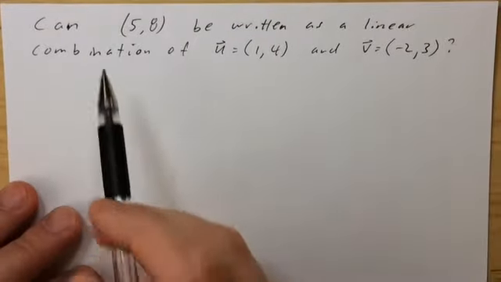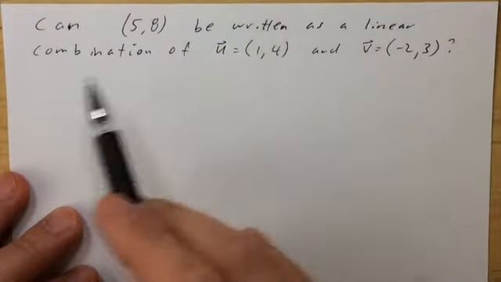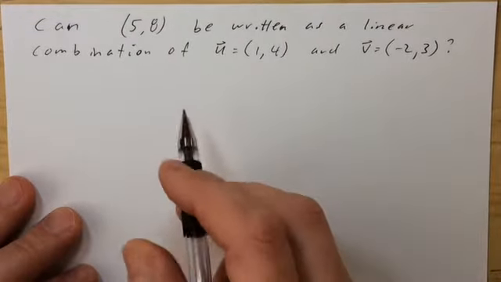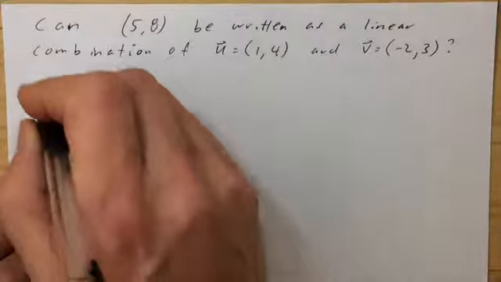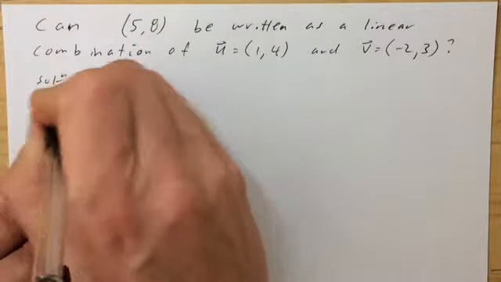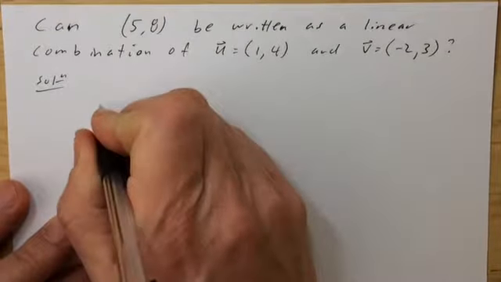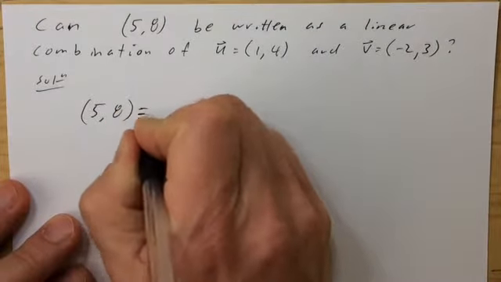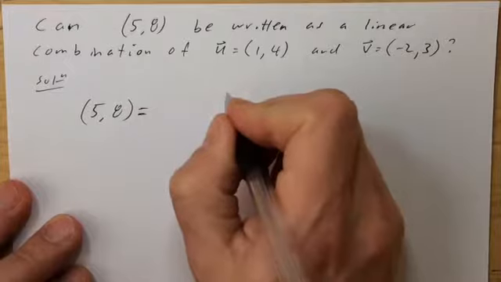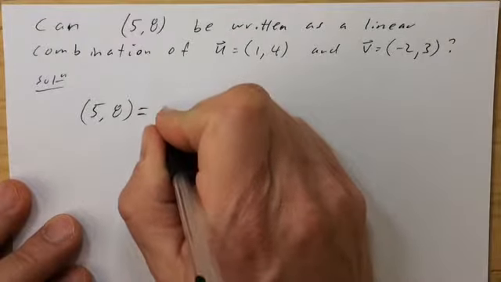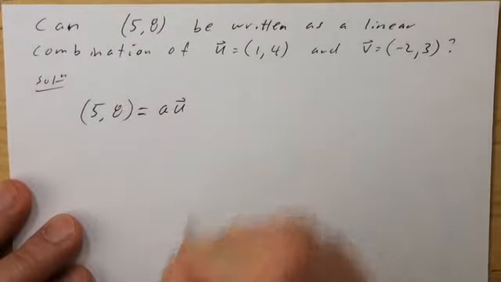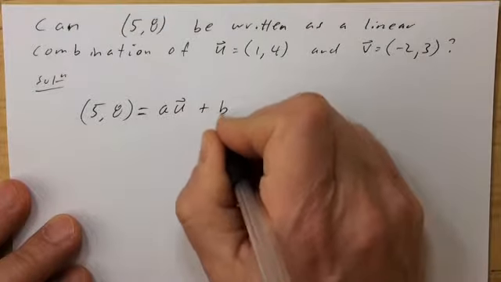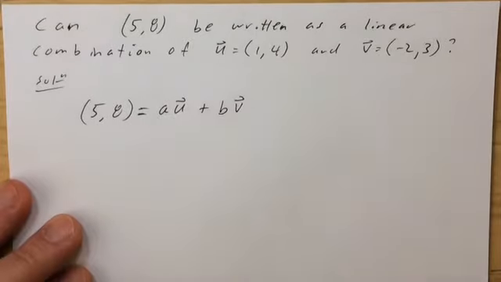So can 5, 8, the vector 5, 8, be written as a linear combination of u and v, the same vectors we looked at last time? Well, let's write it out here. So solution: 5, 8 would have to equal some scalar multiple of u, so let's say that's a u, plus a scalar multiple of v, b v.